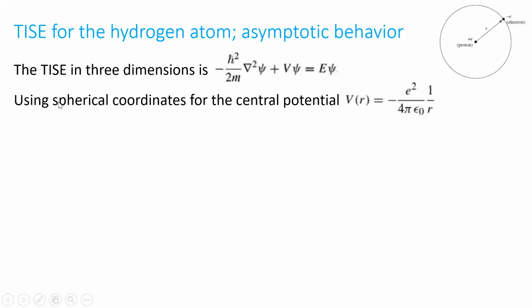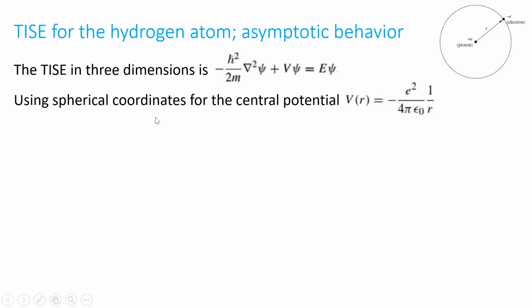For the hydrogen atom, which is sort of a little cartoon pictured up here, we have the proton in the center with charge plus e, and the electron out here with charge minus e, separated by a distance r. Of course, this is in the plane; it would be a sphere, a 3-dimensional model.